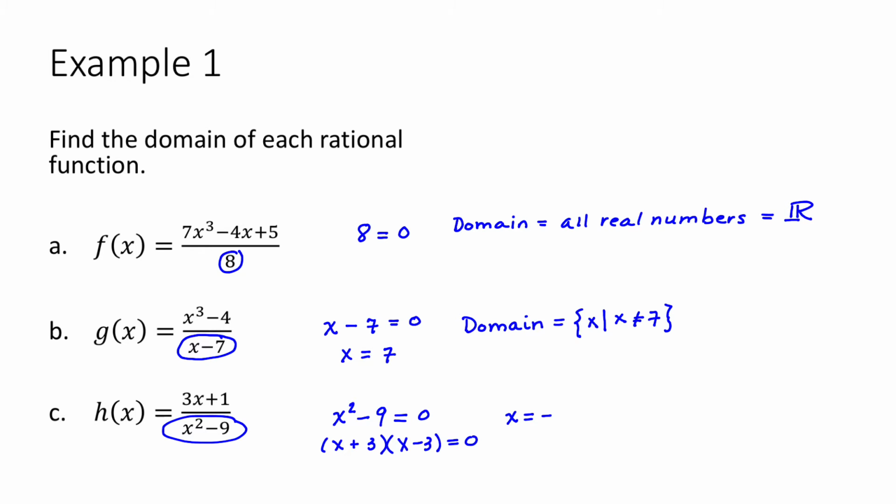I get x is equal to negative 3 or x is equal to positive 3. Now when I write my domain, I'm going to write the set of all x such that x is not equal to either negative 3 or positive 3. So that's how I find the domain of those rational functions.